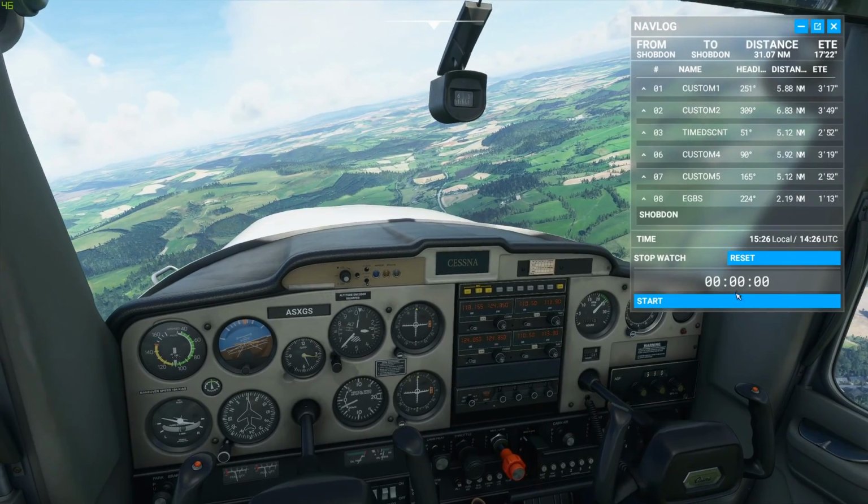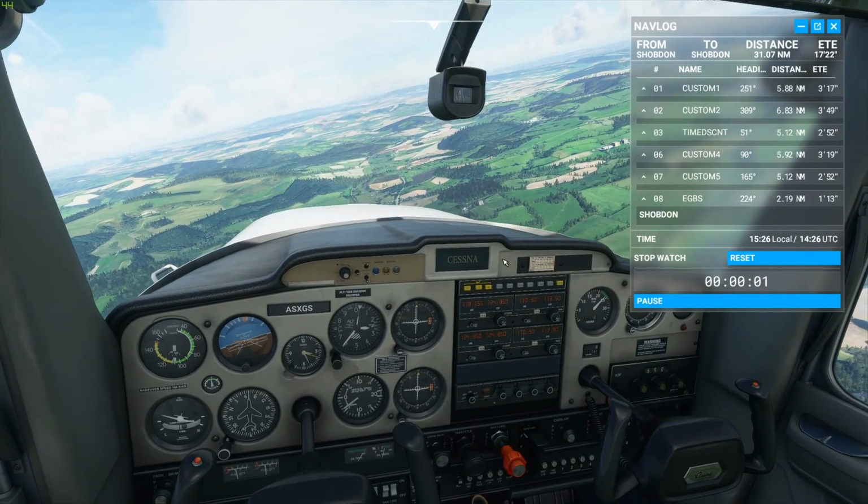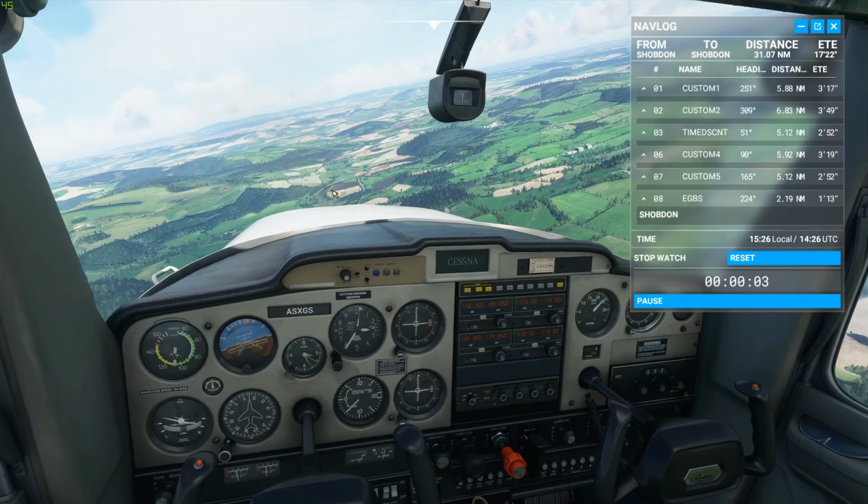Let's start. And if you remember from the map, we're expecting to follow a main road and a river, and there they are.